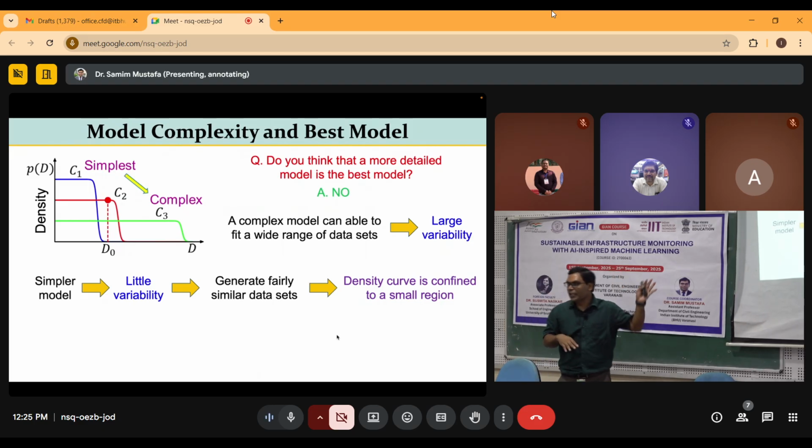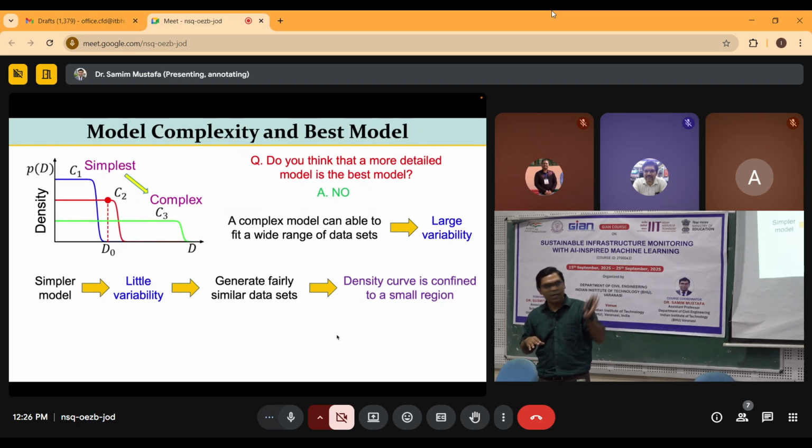This is a simple demonstration on whether the best fitted model can fit all types of data, or whether the more detailed model is the best model. The answer is no, of course, because it depends on the data. If the data is very simple in nature and not varying too much, then why do you need a more complex model? You need a simple model to fit that data. That is the answer.